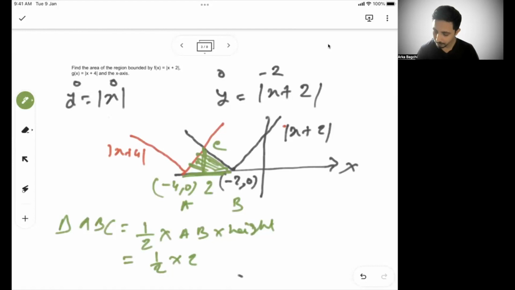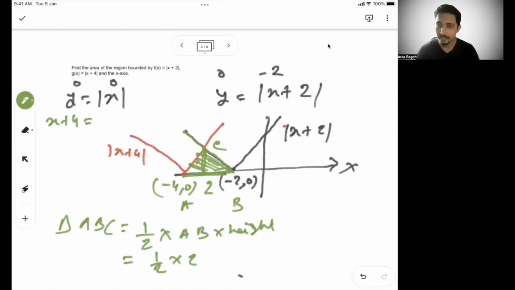And where they intersect each other, we just need to find out, right? So where these two lines will intersect each other. On this side, it is x + 4, which should be equal to the other line, because if you see this line carefully, this line is not x + 2.